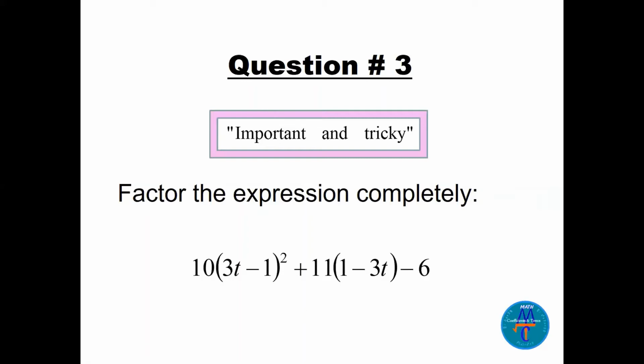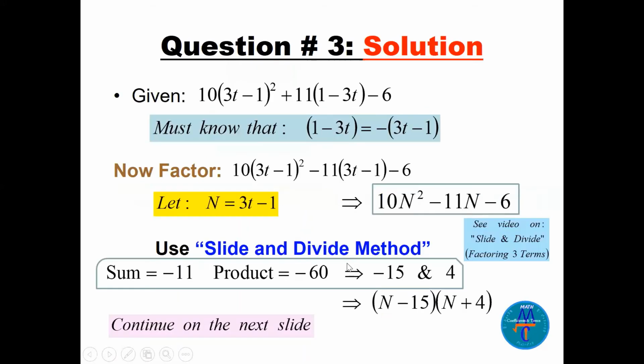Now, I have to make something here. Let me tell you the first trick only. 1 minus 3t, I would like to make it like this, 3t minus 1. So I can take minus out, you see? I know in algebra, 1 minus 3t is the same as minus, in the bracket, 3t minus 1.